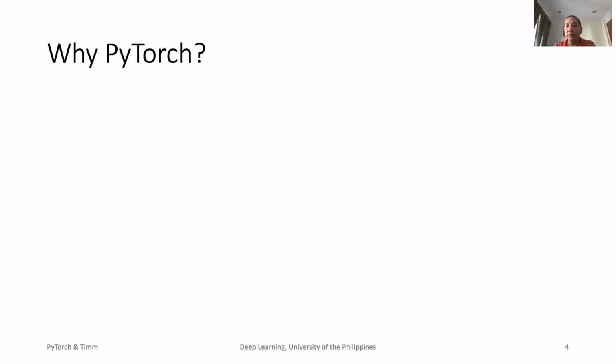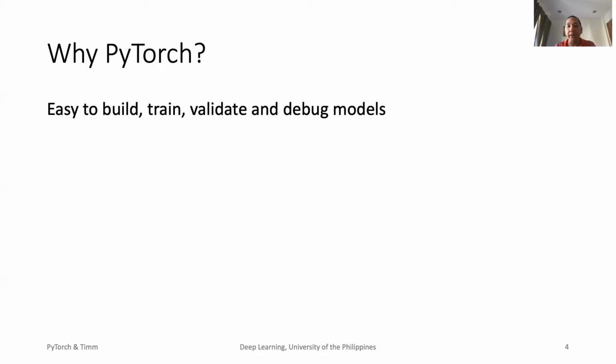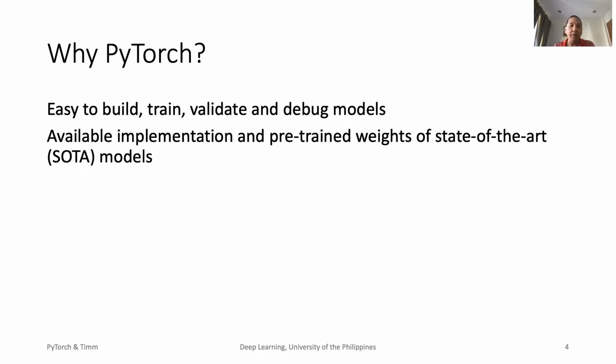There are four main reasons why PyTorch is the choice of deep learning framework for this course. First, it is easy to build, train, validate, and debug models. This is important for beginners, intermediate, and advanced users. Second, state-of-the-art models are available. Both open source model implementations and pre-trained weights are readily accessible.